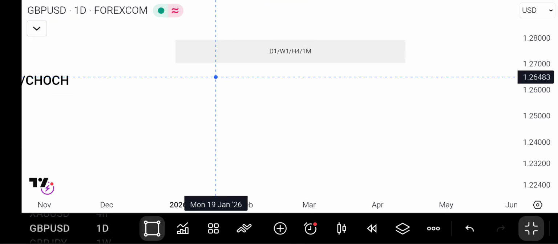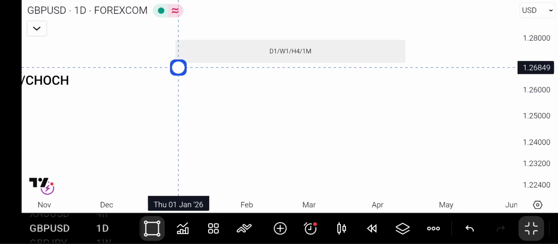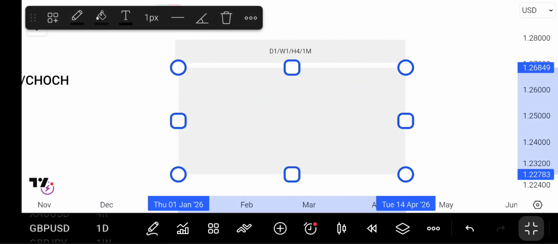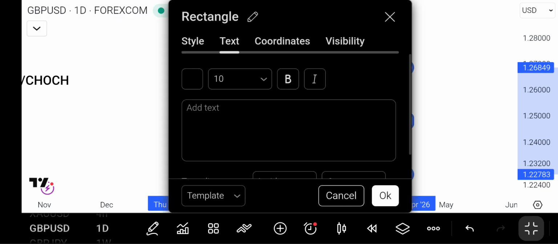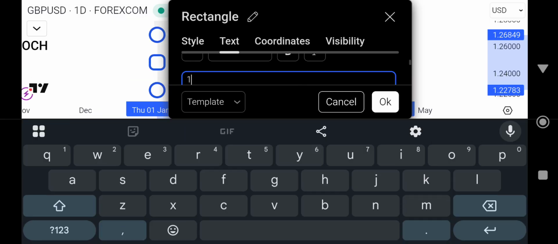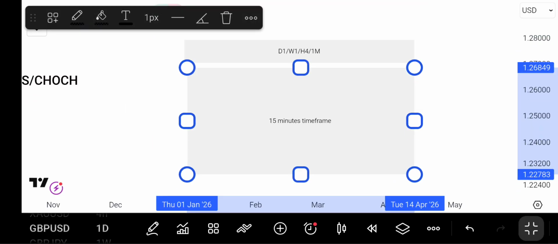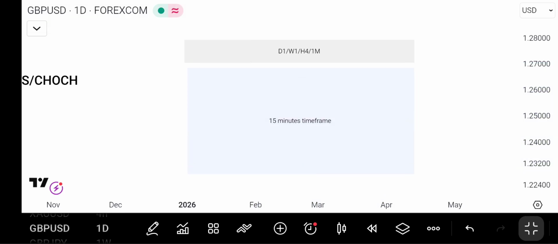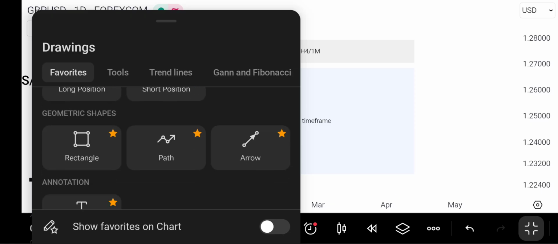Let's say that this is our 15 minutes time frame.